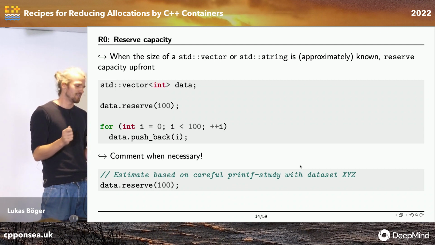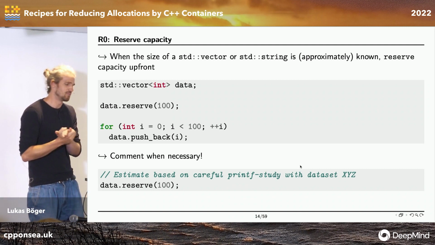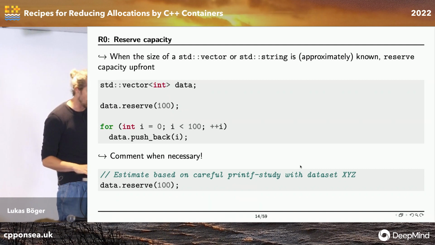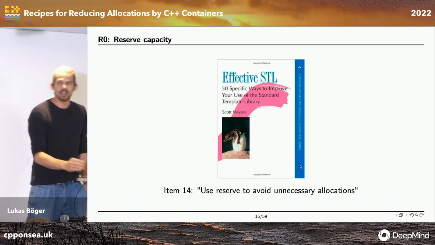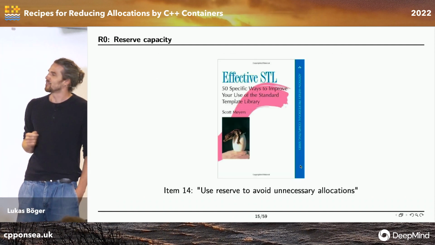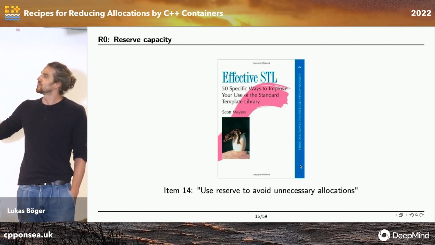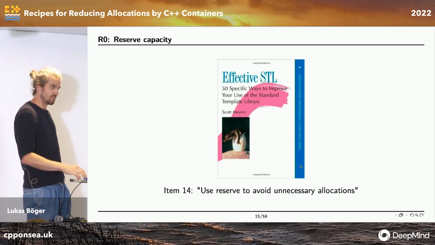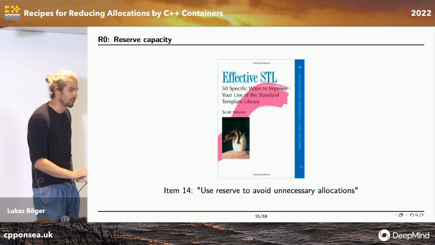If that's the case, please comment to make it clear that this doesn't come from nowhere, but rather it's justified to use a particular number. Okay, I'm also not the first one discovering this, so you can look it up, item 14 in Effective STL. It's basically the same tip to avoid unnecessary allocations.